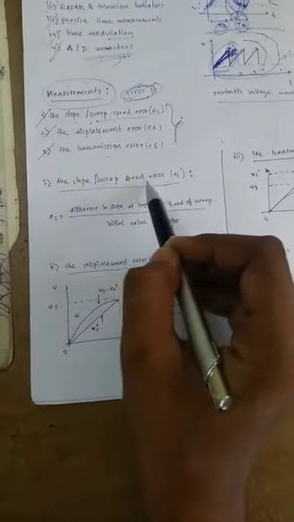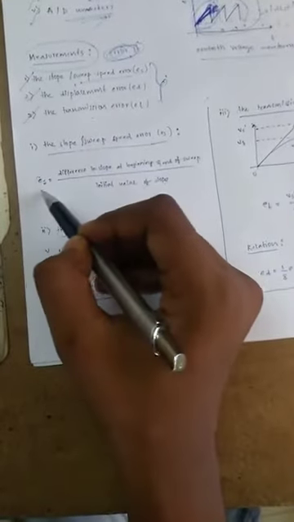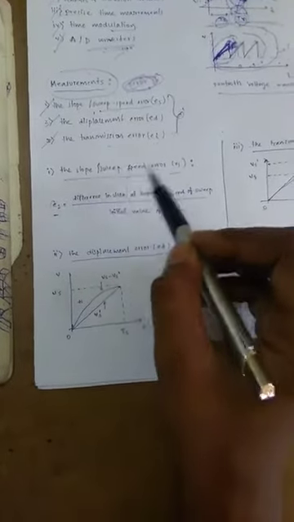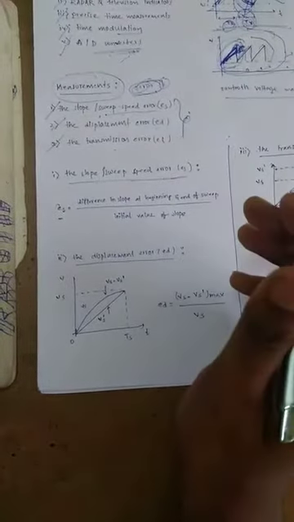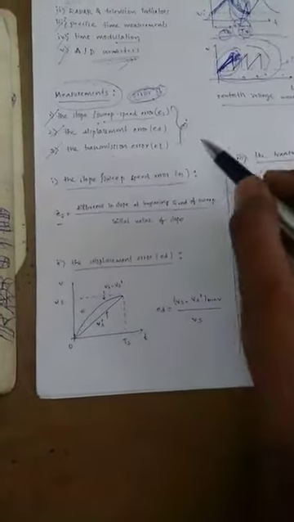The slope or sweep speed error. Here Es is the error we use for the slope or sweep speed error. Generally, this error is measured by a CRO, a cathode ray oscilloscope. In the oscilloscope, we observe the output.